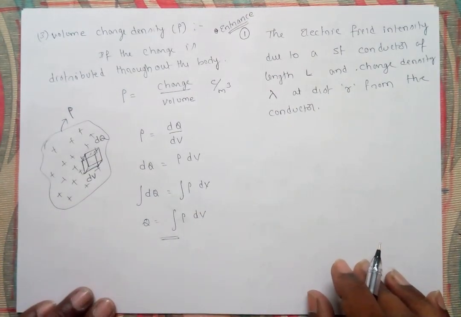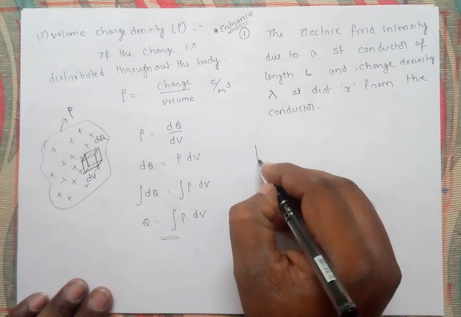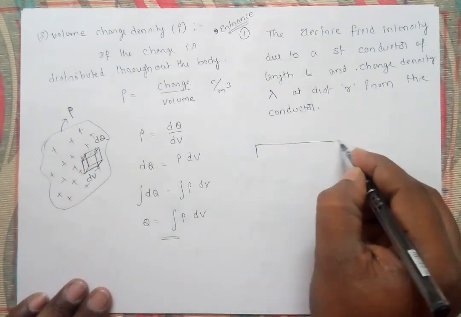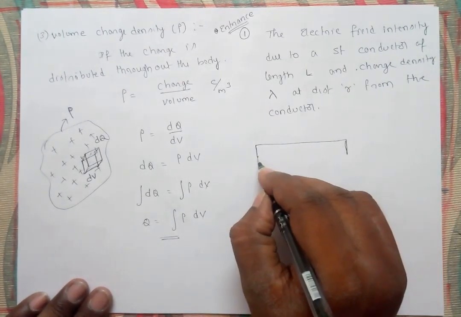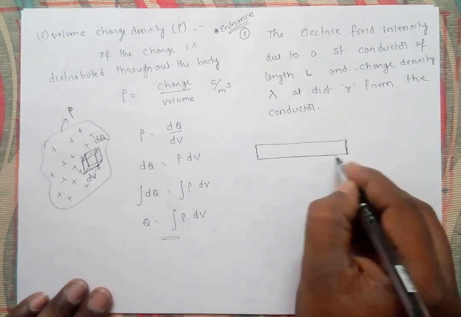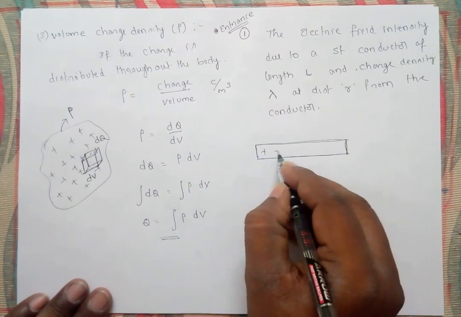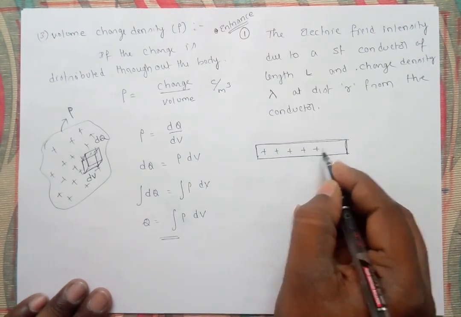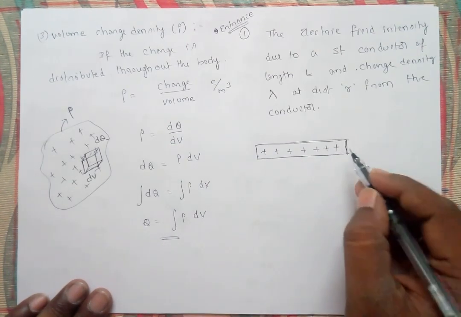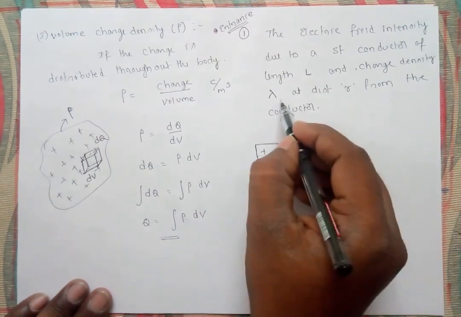Let's take a straight conductor like this. The charge is uniformly distributed, and this charge density is given as lambda.